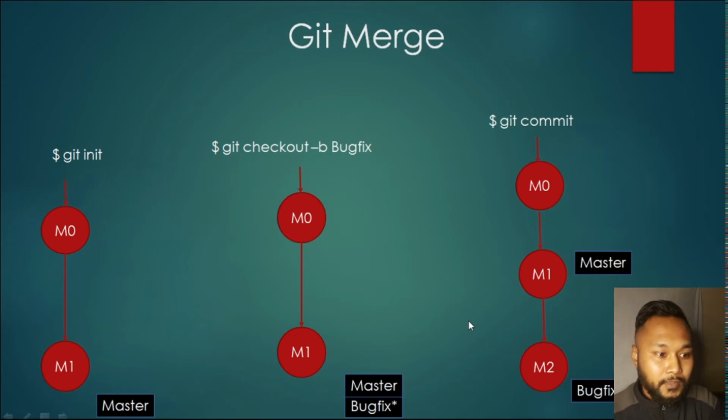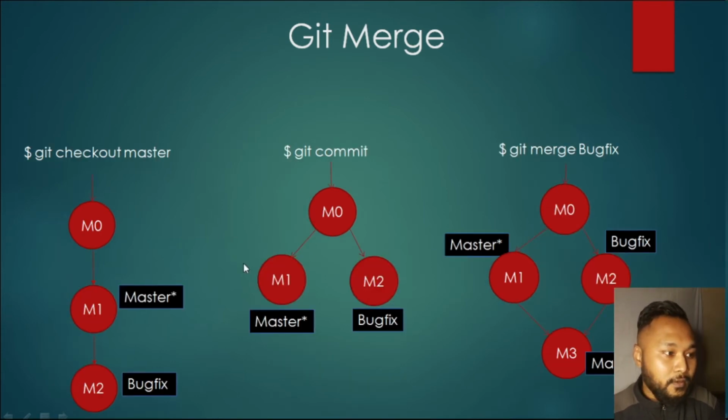In the next slide, we can see when we then move on to the master branch using checkout, it's denoted by an asterisk, and then we commit. The linear pattern gets broken down into a diverging pattern. As you can see in the figure, from the node M0, it's separated to the node master 1 and node master 2.